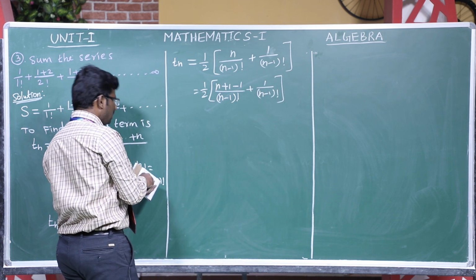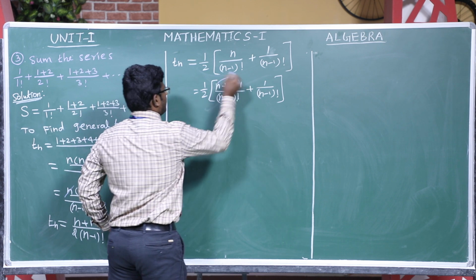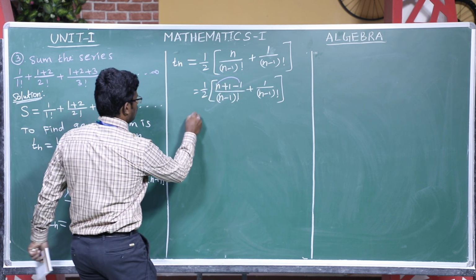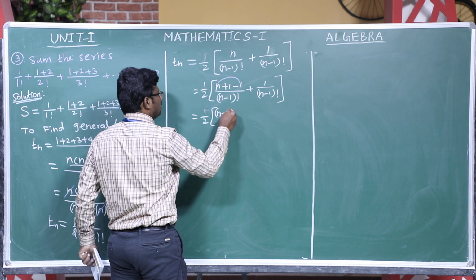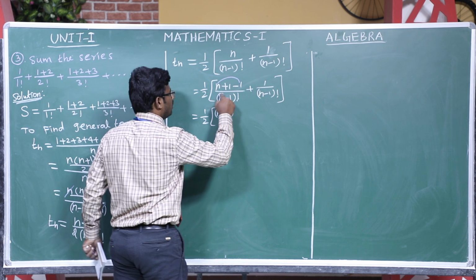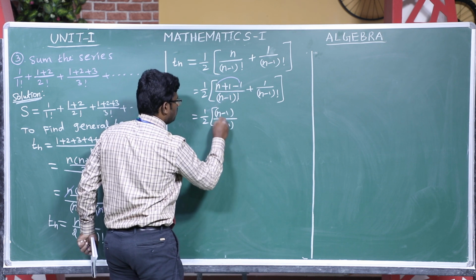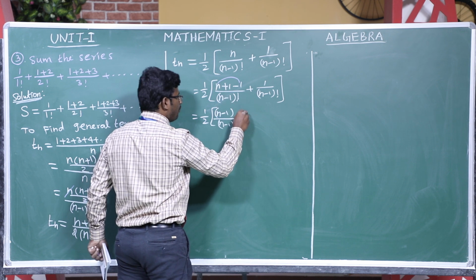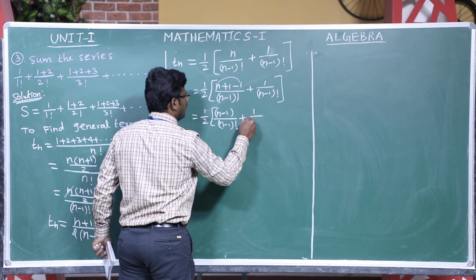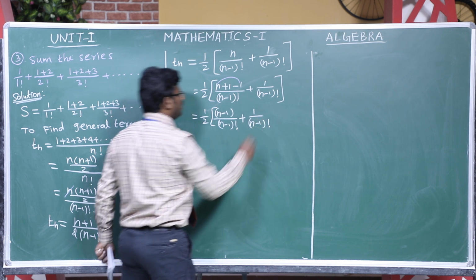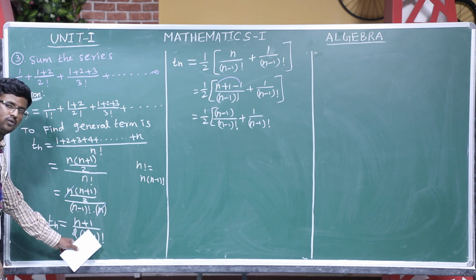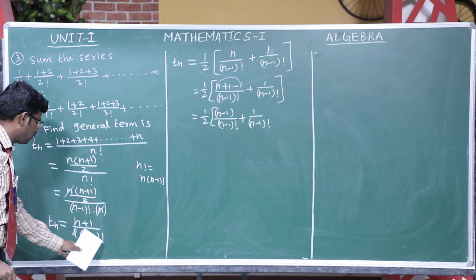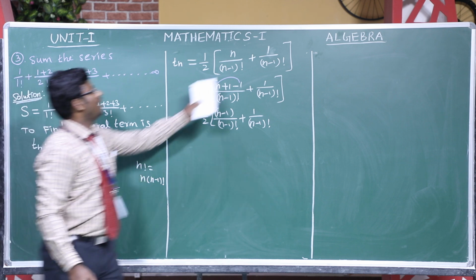See here, n minus 1 and n minus 1. So I take the pair (n minus 1) in the numerator by (n minus 1) factorial, then the remaining plus 1 by (n minus 1) factorial. Similarly, (n plus 1) divided by (n minus 1) factorial is n by (n minus 1) factorial plus 1 by (n minus 1) factorial.